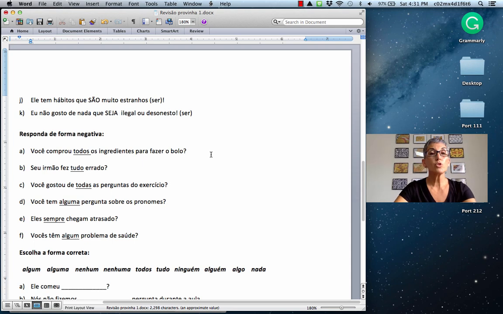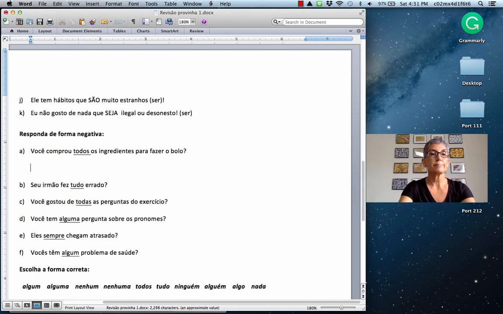Então, você comprou todos os ingredientes? Não. So, every time you have to say não, vírgula. So, you say, no, I did not, ok? So, you have to repeat the no. Não, eu não comprei. Don't forget to conjugate the verb in the first person. Eu não comprei nenhum. So, what happens when you use nenhum?